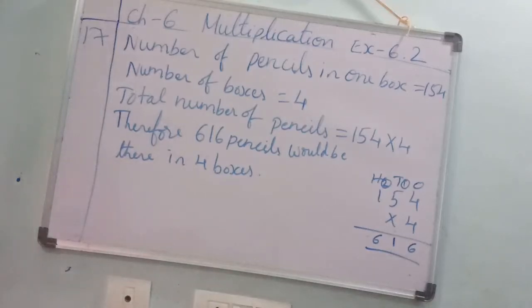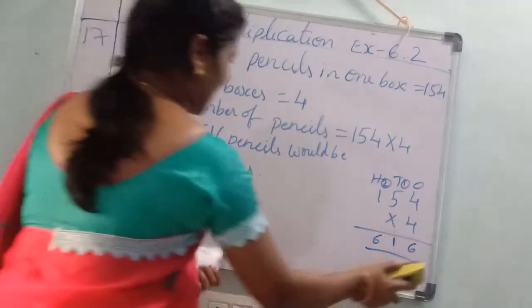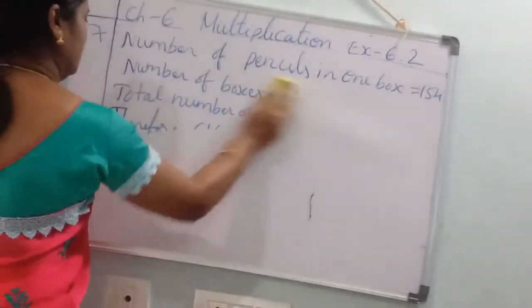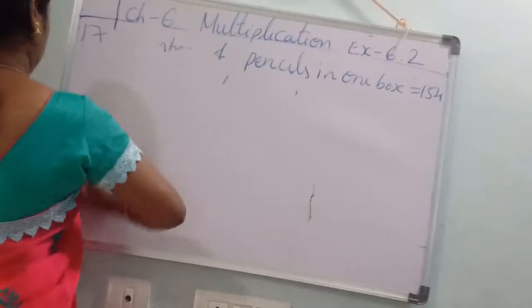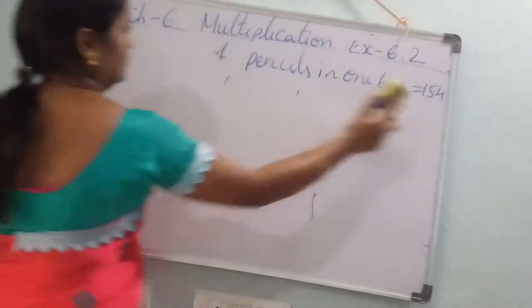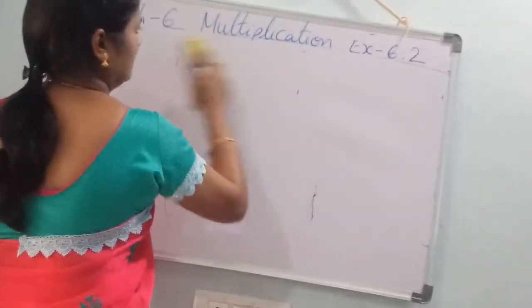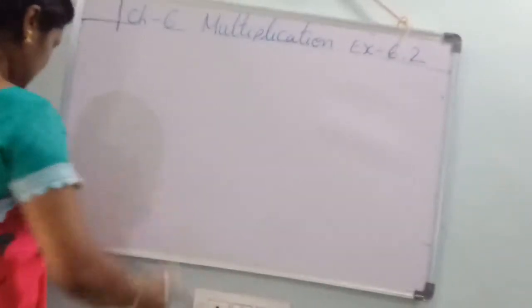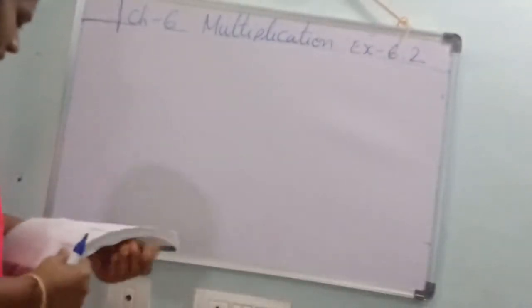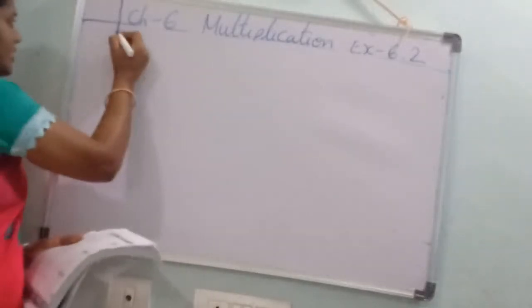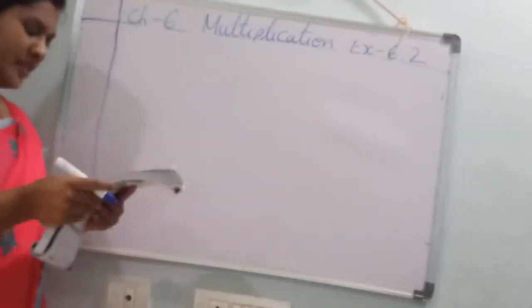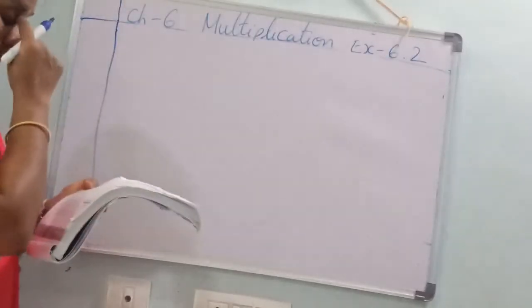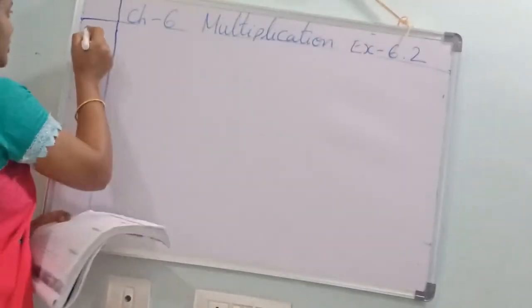Next, what is that 18th one? See children, one chart paper has 371 words. How many words would be there on 3 such chart papers? Solution.